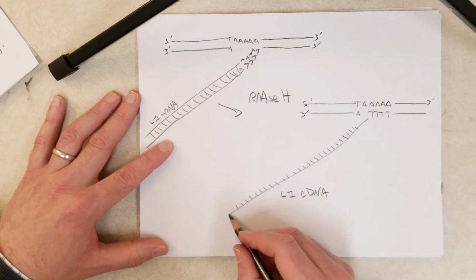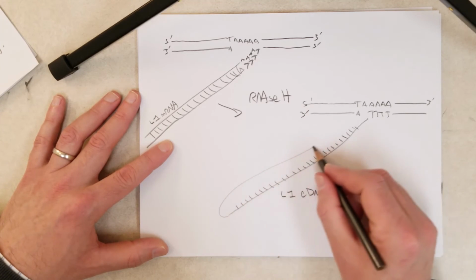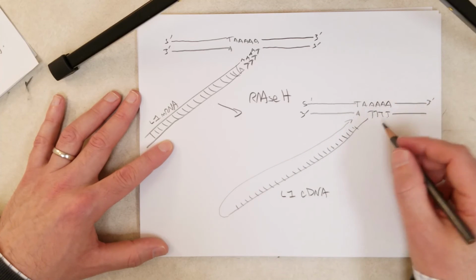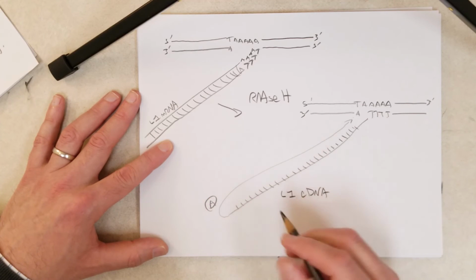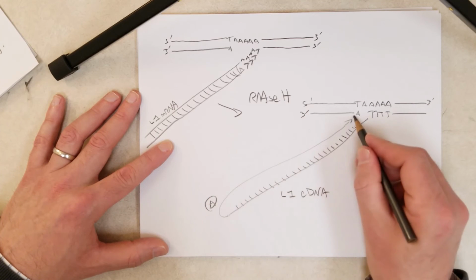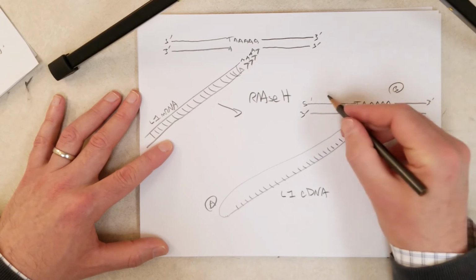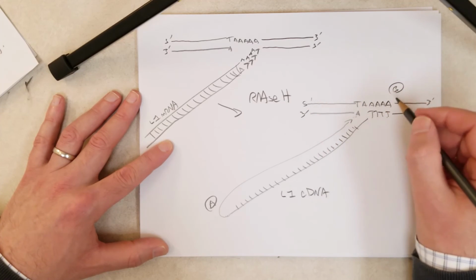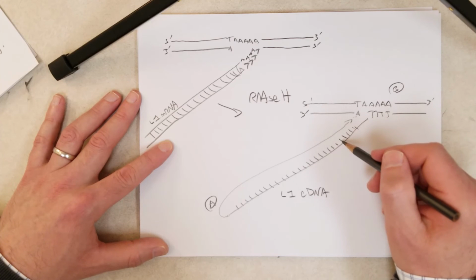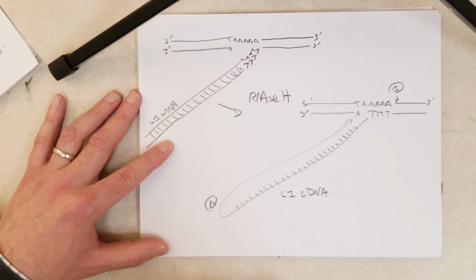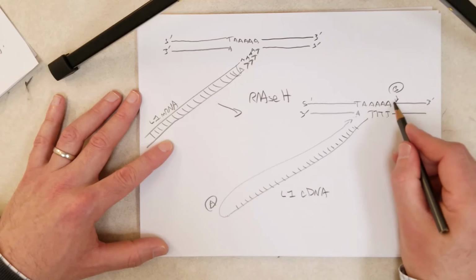Essentially, what we need to do is link this up here somehow. So let's say that's part A, linking this up to this up there. Part B is nicking this strand up top to make room for this sequence right here. So nicking up here, and the nick is thought to occur right here.